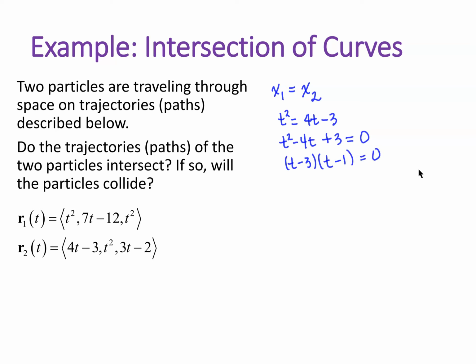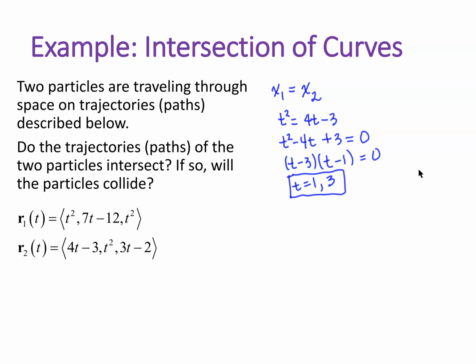So the solutions there: if t is equal to 1, then that product is in fact 0. If t is equal to 3, then that product is in fact 0. So what we have here are two times, 1 and 3, for which the x component functions of the two vector valued functions are the same.